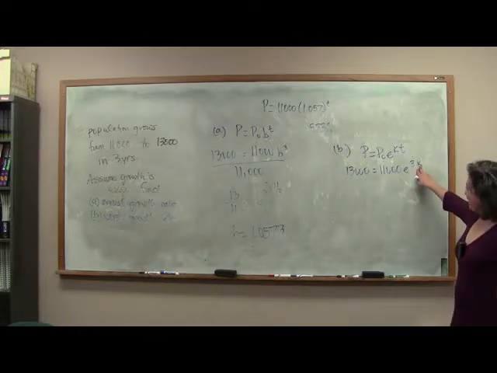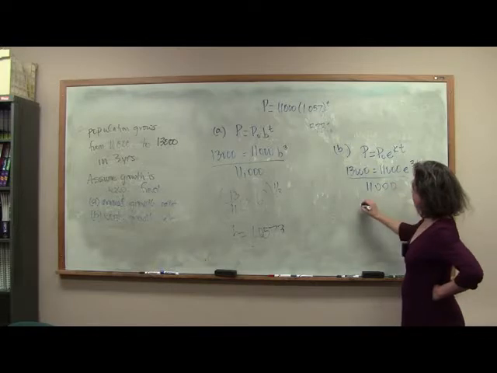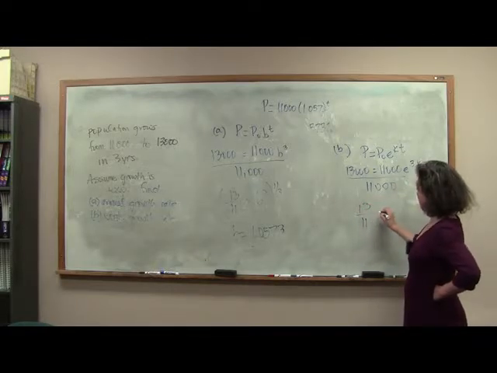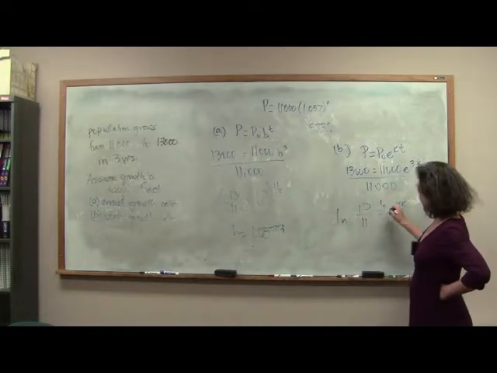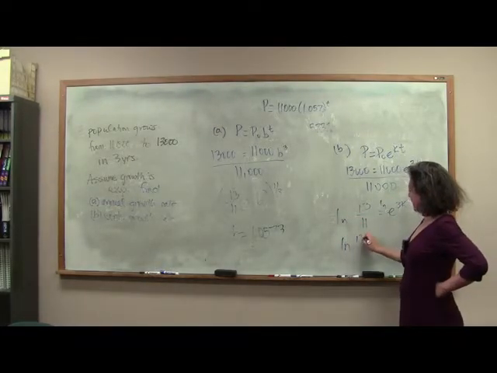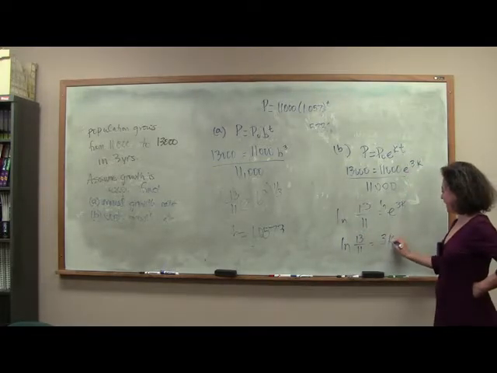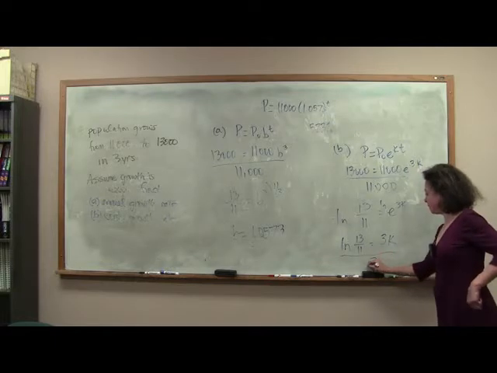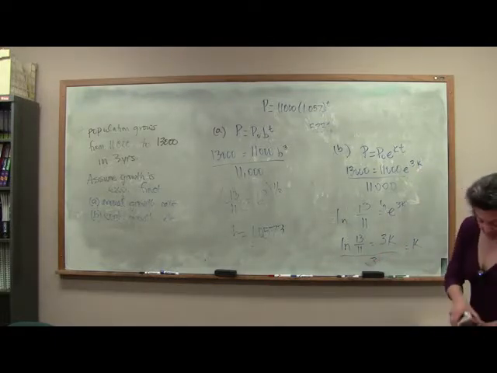How would we get to our value of K? Again, isolate your exponential. So I'm still going to have 13/11 is e to the 3k. Take the natural log of both sides. So we get the natural log of 13/11 is 3k. So then divide both sides by 3 in order to get k.